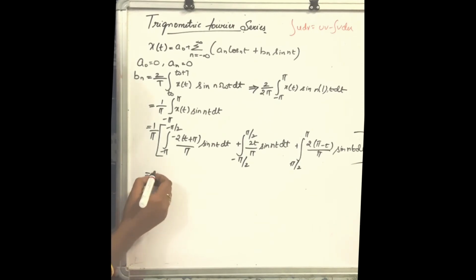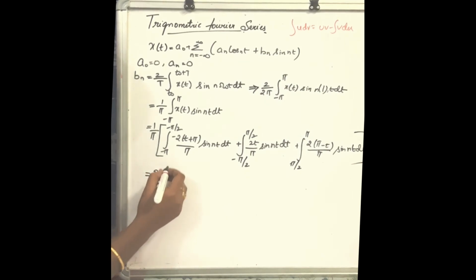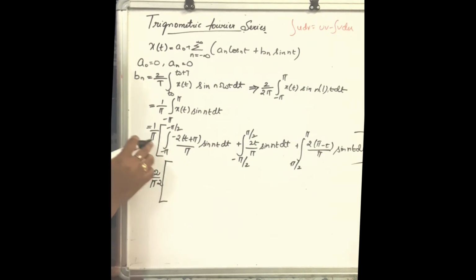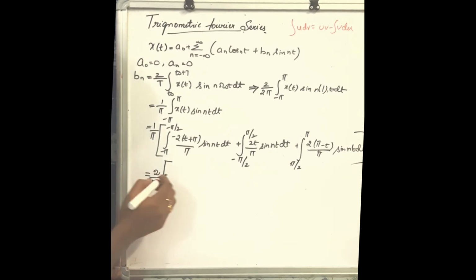Then it becomes, solving it, we are removing the 2 and pi. So here 2 by pi square is common for all the 3 integrals. Okay, 2 by pi is common, so we multiply it with 1 by pi to get 2 by pi square.